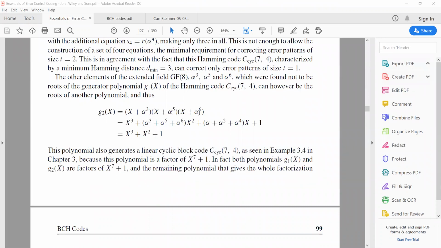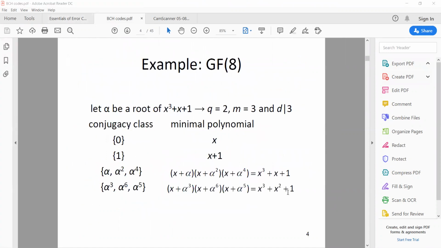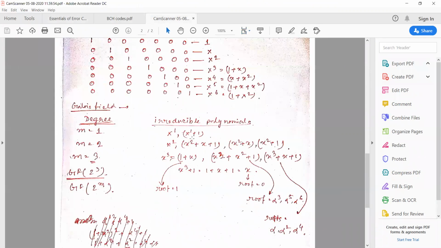So these are the factors. These are the roots of this equation, which is also a possible polynomial of GF8, because we have already seen from this PDF and from this table that these are the possible polynomials when m equals 3.